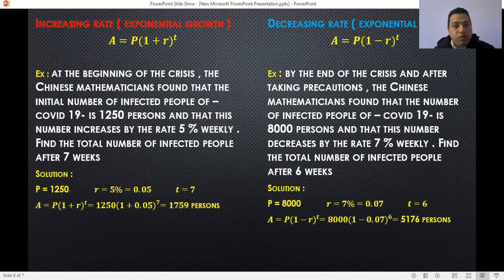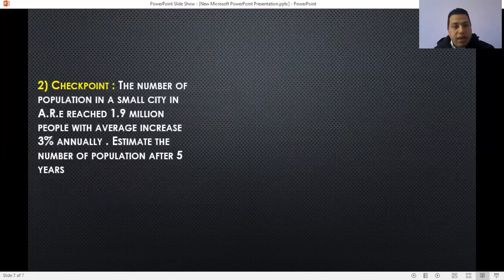Okay, let's move on to another part of our lesson for today, and this is the checkpoint example. The population in a small city in the Arab Republic of Egypt reached 1.9 million people with an average increase of 3% annually. Estimate the population after 5 years.